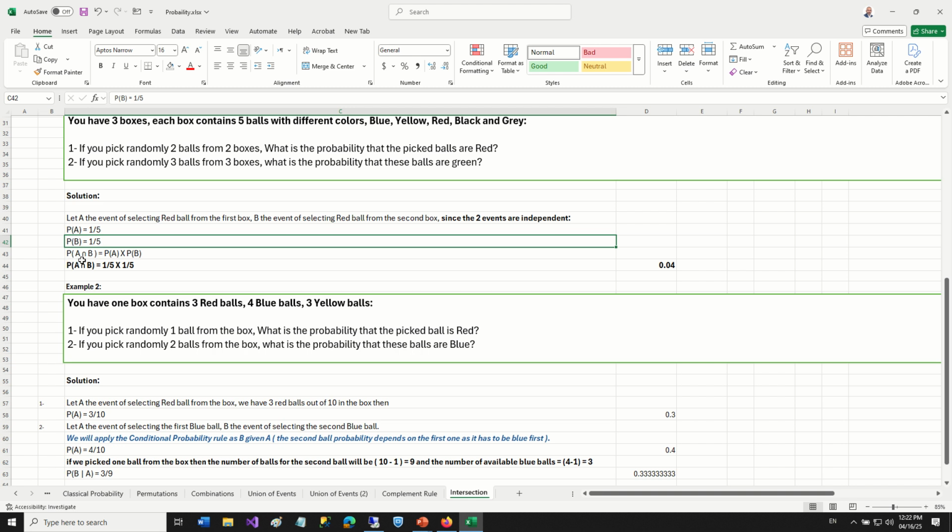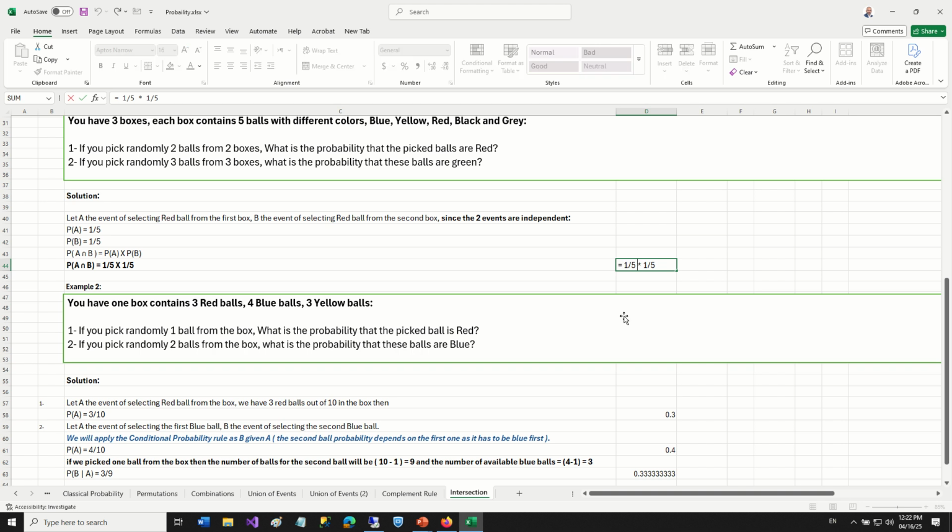So the probability of A intersection B equals the probability of A multiplied by probability of B, that equals 1 divided by 5 times 1 divided by 5, as you see here using Excel. The result is 4%. So this is the solution of number 1.